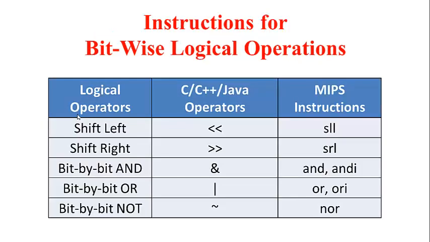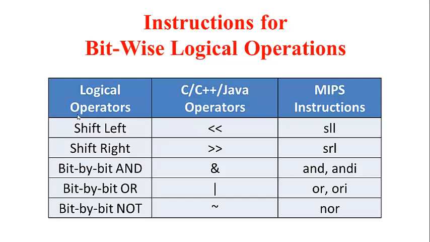Let's now look at a few more instructions. These are the set of logical operations, bitwise logical operations, which are possible in MIPS. First, we have the shift left logical SLL, which corresponds to the C or C++ or Java left shift operations. There is a corresponding SRL for shift right logical.